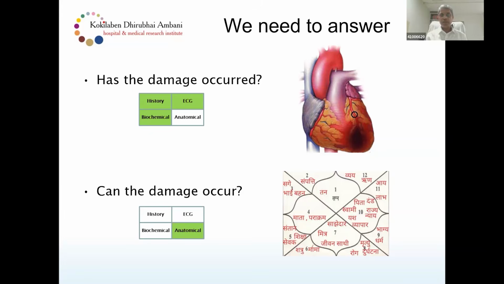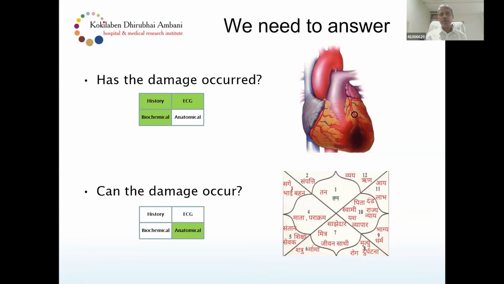So always remember that we have to answer two questions in every patient with chest pain: has the damage occurred, which will be told by the ECG and the troponins. The ECG will be abnormal if ischemia has already occurred, and troponins will be abnormal if myocardial injury has already occurred. But if ECG is normal and troponins are normal, the damage can still occur.